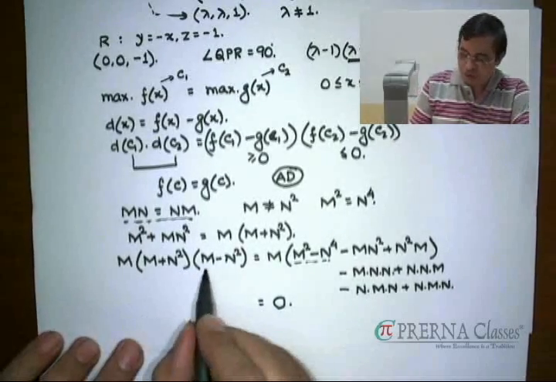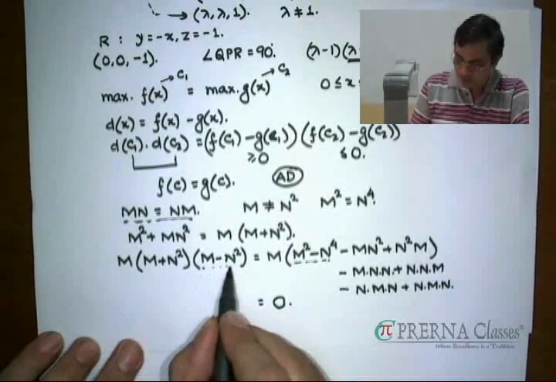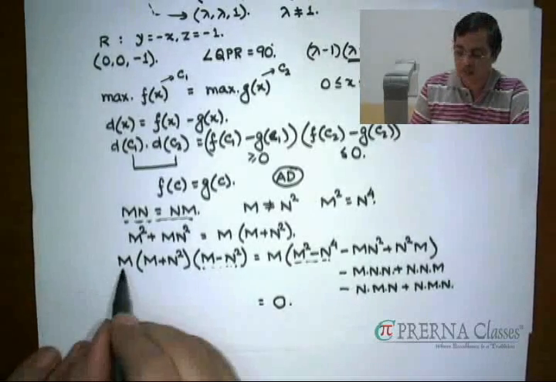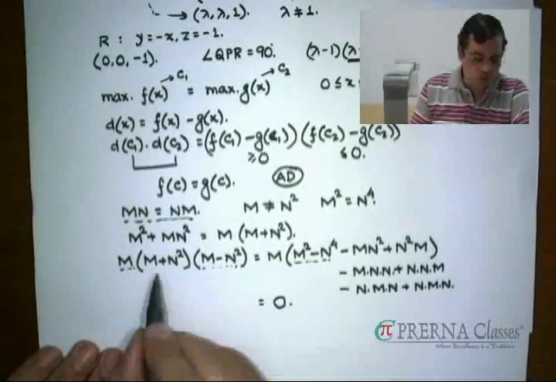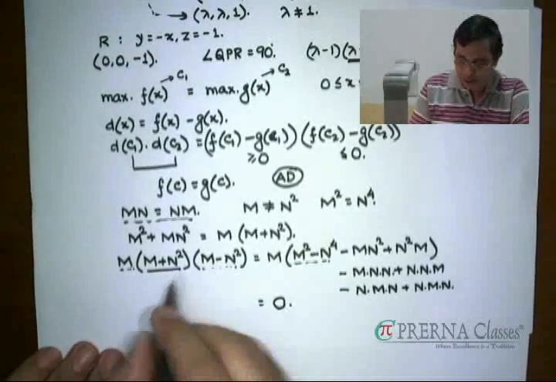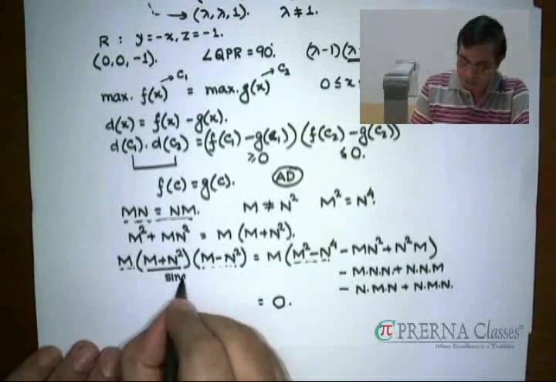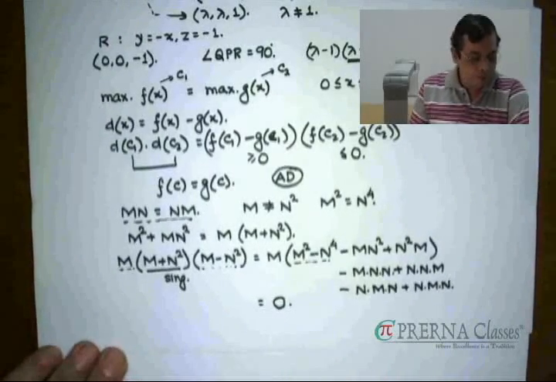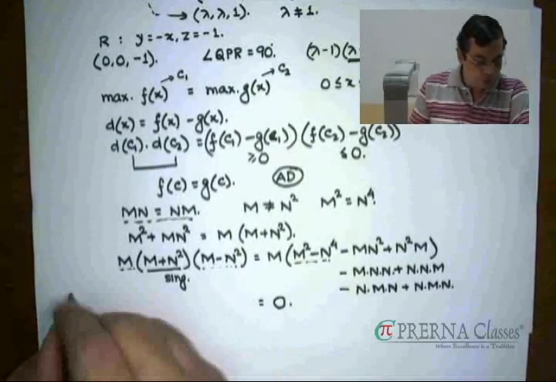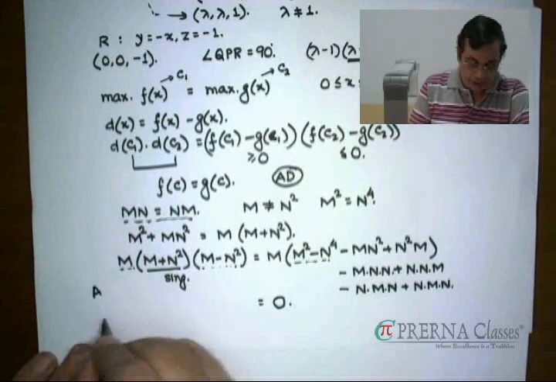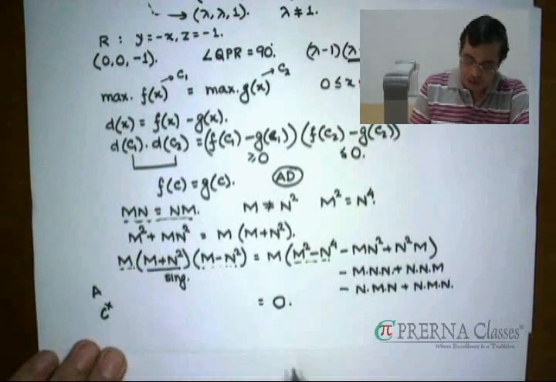If this is turning out to be a null matrix, this is given as a non-null matrix, that is, this is non-singular, this is non-singular, clearly then this matrix must be singular. That is, its determinant must be equal to 0, which tells us then that option A is correct and C is incorrect.